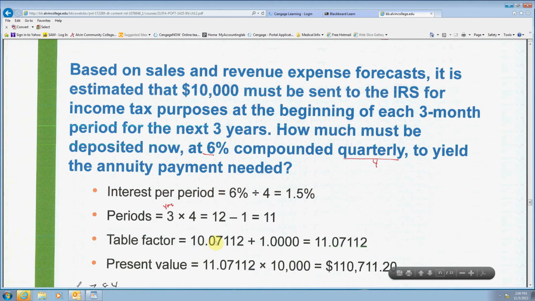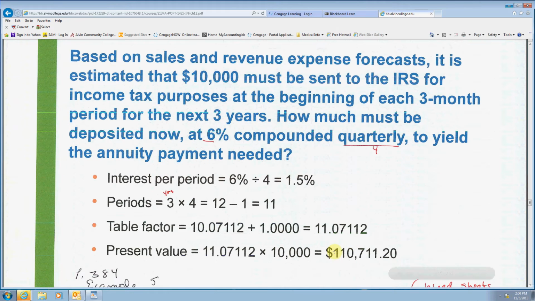It'd be 10.07112, and we add 1, so our factor is going to be 11.07112, and we'd multiply that times our 10,000, and so we would have $110,711.20. That we would need in 3 years.